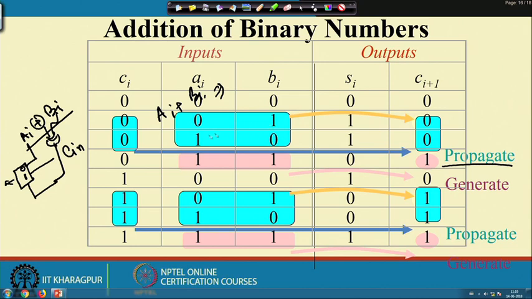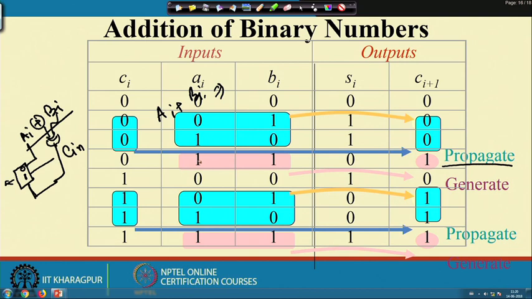For the 0 1 case or 1 0 case, in both cases this particular circuit is giving me 1. So, as C in is the same as the C out, at that time I can get the result at the output of C out.